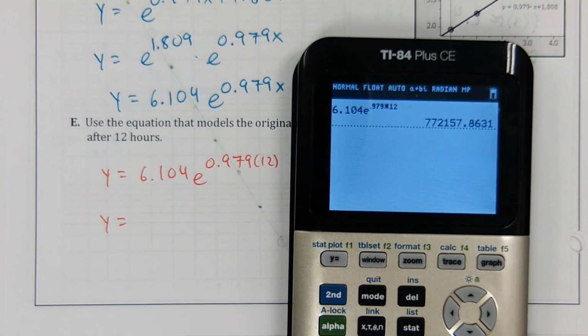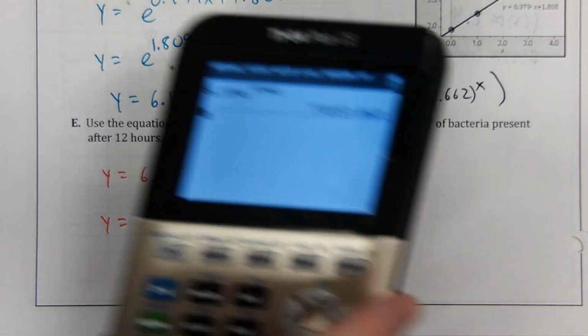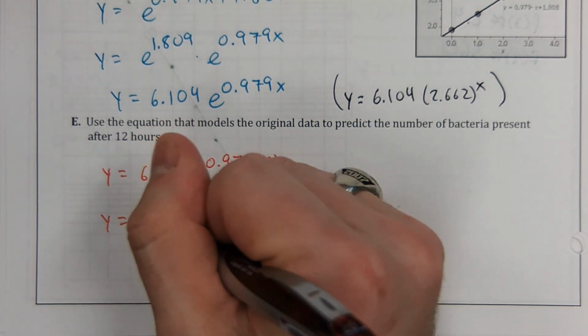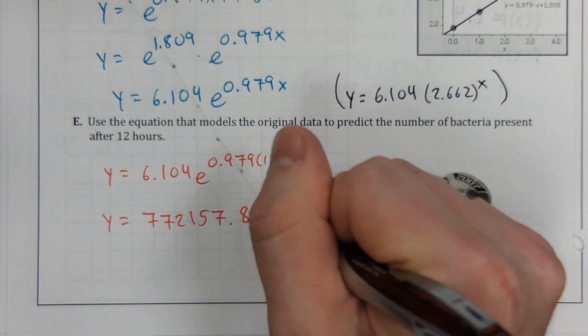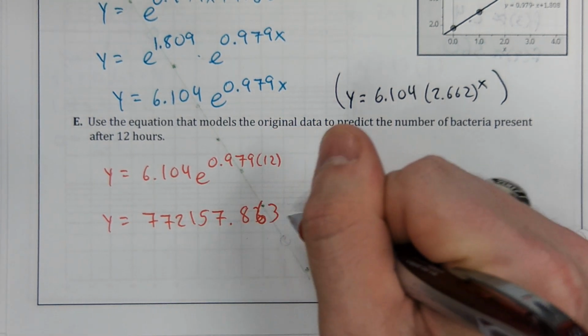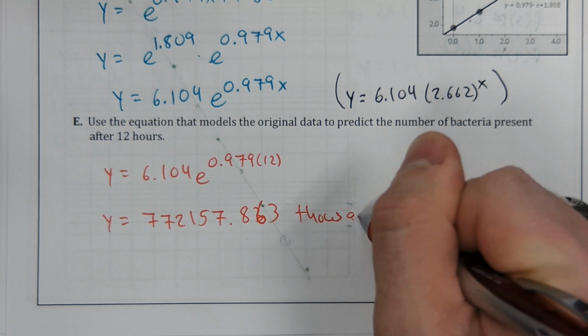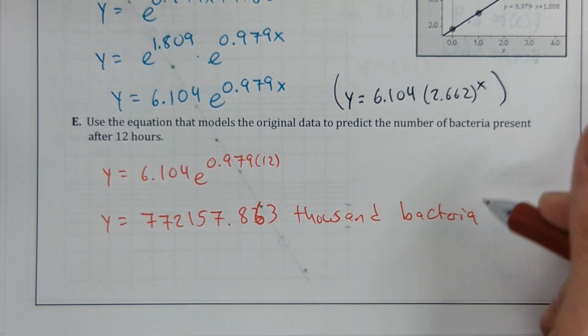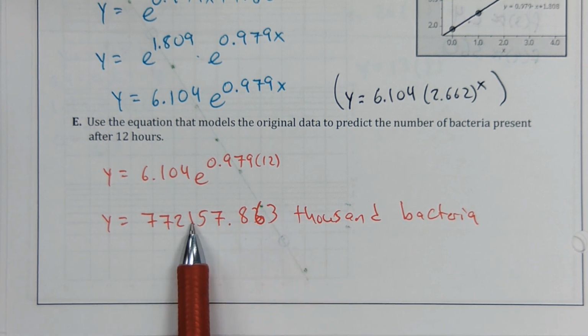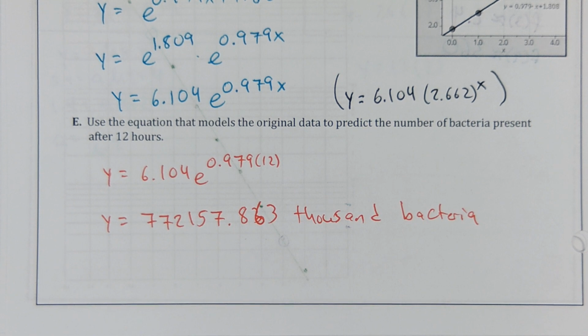Woo, that's a lot. 772,157.863 thousand bacteria. So that would be 772,157,863 bacteria. It's a lot of bacteria.